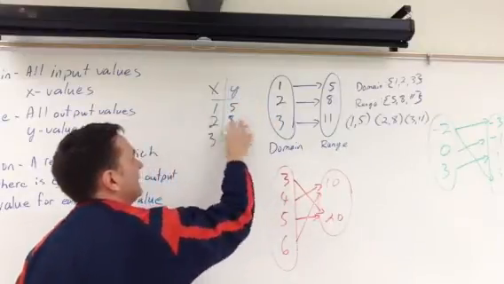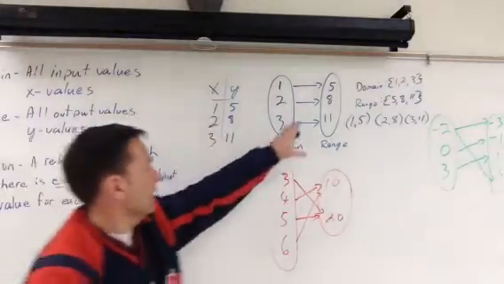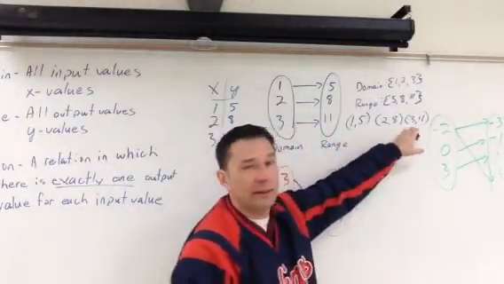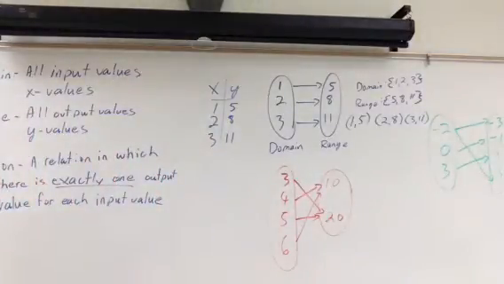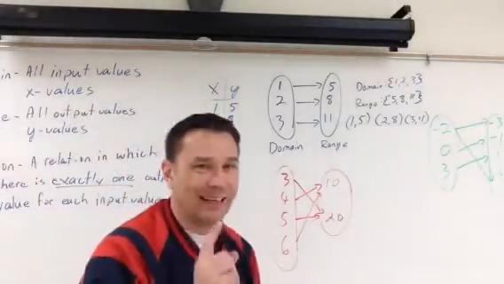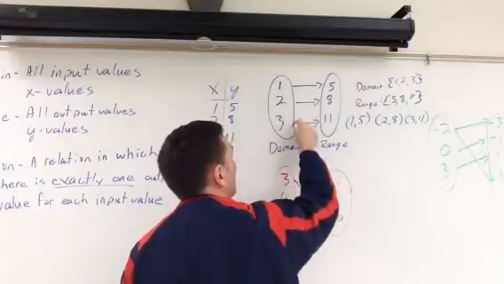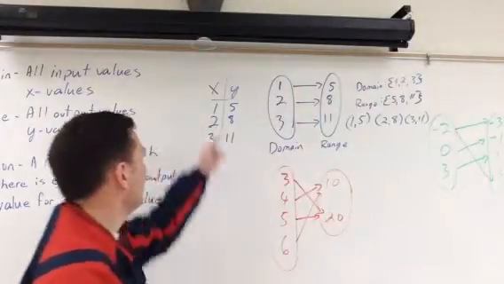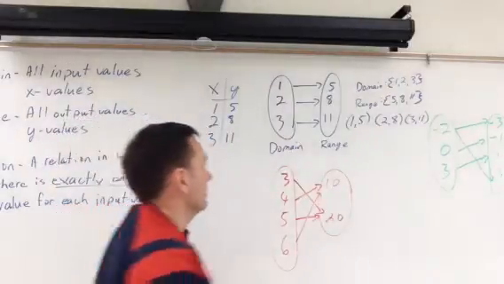You can see that these numbers are paired up in a table, in a mapping, and as an ordered pair. Now, is this a function? Let's go back. Does each input have exactly one output? I see that there's one arrow coming from each of these. I see that the x values are not repeating. So yes, this is a function.